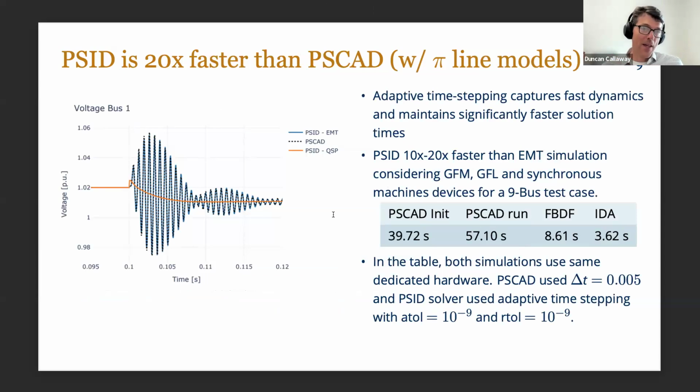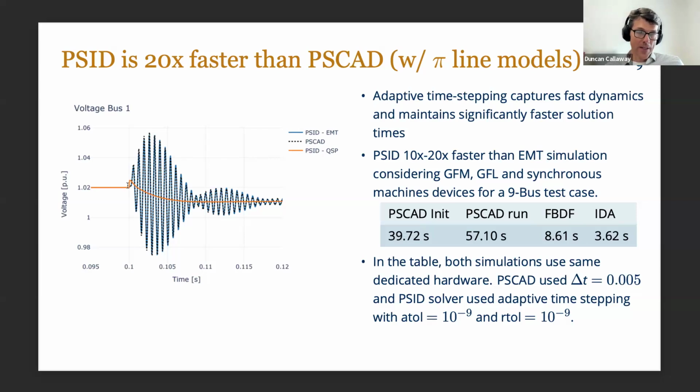Okay, so you can see two things in this simulation on the left. The first is a comparison of the time domain traces of PSID, which is this Julia software tool that we've developed, versus PSCAD, which is EMT, versus PSID, which is a phasor domain simulation.